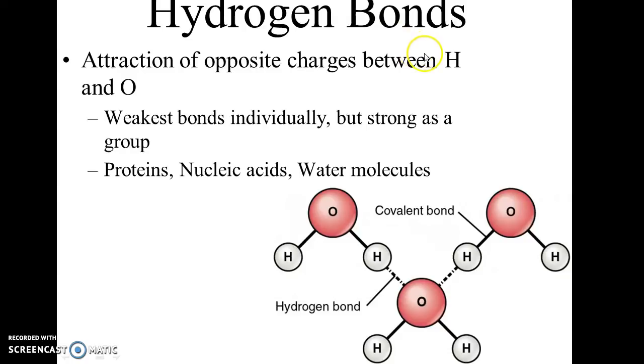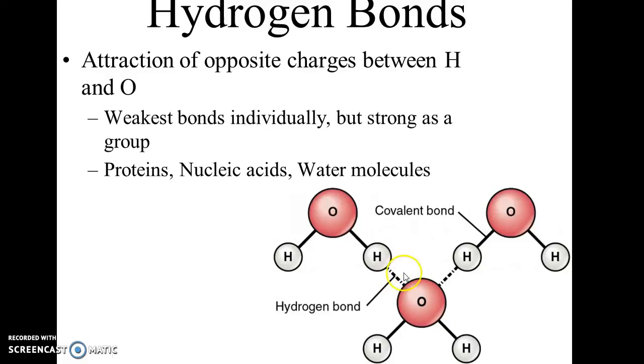There is an attraction of opposite charges between the hydrogen and oxygen. So there's a covalent bond between the hydrogen and the oxygen of one molecule of water. But then when a whole bunch of water molecules are together, there's a weak bond that forms between the hydrogen atoms of one water molecule and the oxygen atoms of another water molecule.